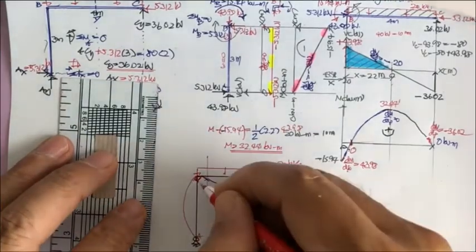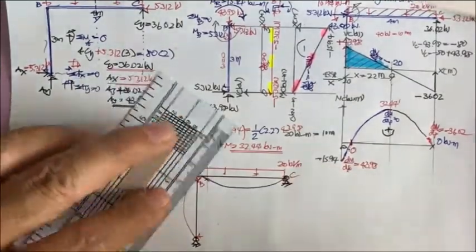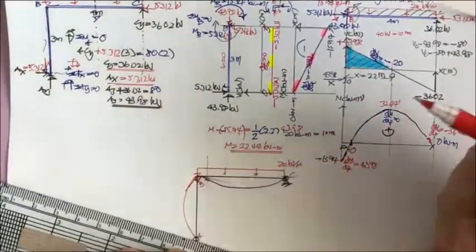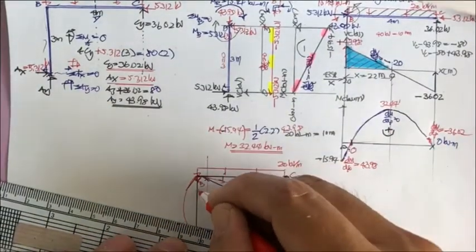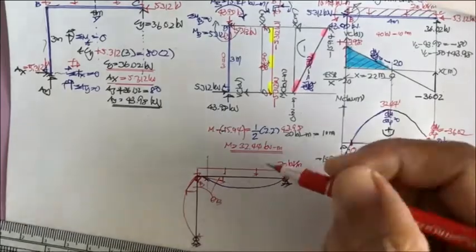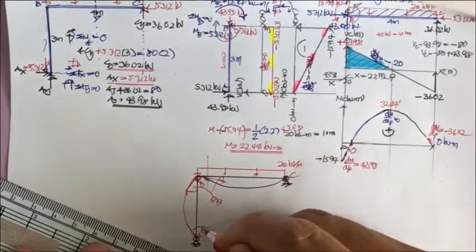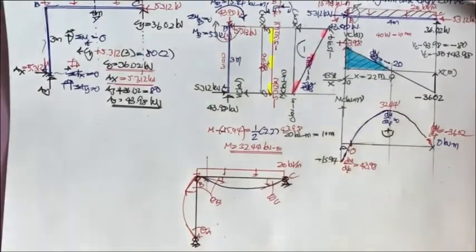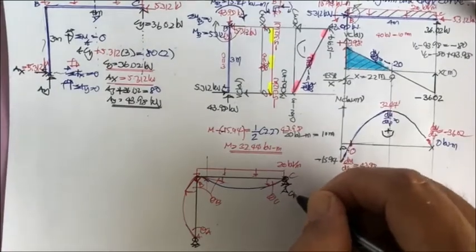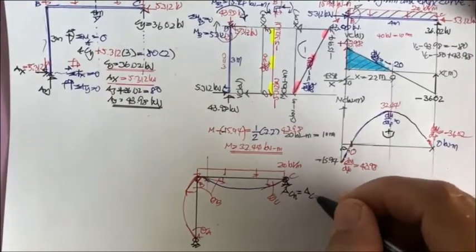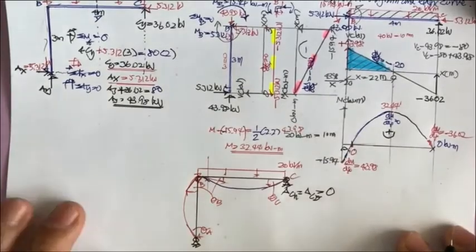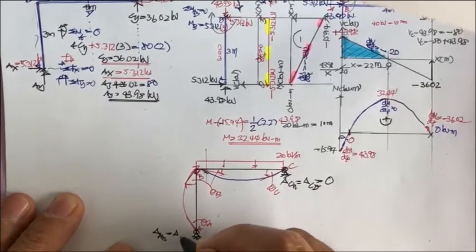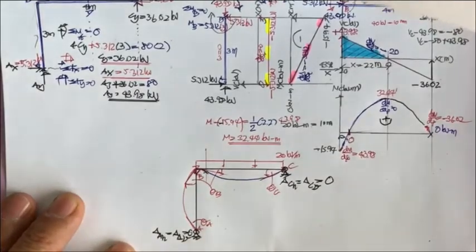So this is A, B, C, and what you may have is this one is going to be zeta sub B. This one is going to be zeta sub A, and this one is going to be zeta sub C, in which delta CH equals delta CV equals 0. And this one, delta AH equals delta AV equals 0.